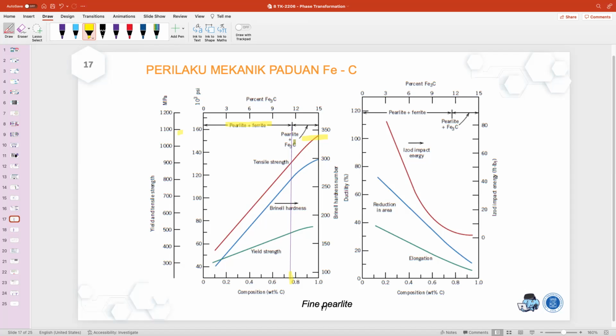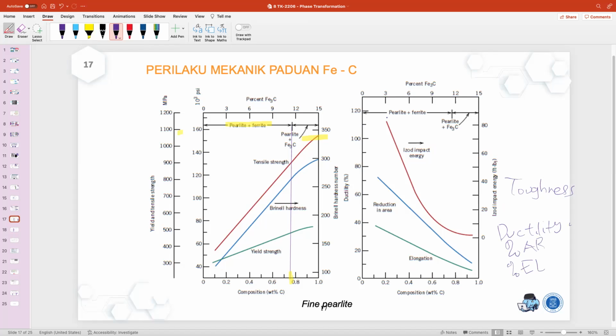Okay, and then, if you look at the ductility and the impact energy, the impact energy tells you about toughness. This is using Izod impact energy, and the ductility is in the percentage of reduction of area, or the percentage of elongation.